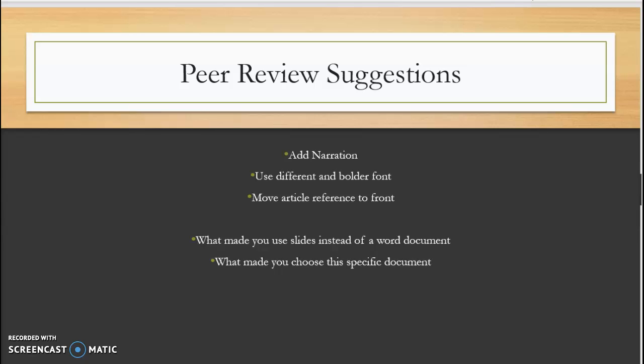And the other question, what made you choose this specific document? I liked the way this document was written and how I saw it would be an interesting and easy to use article for my English class audience.